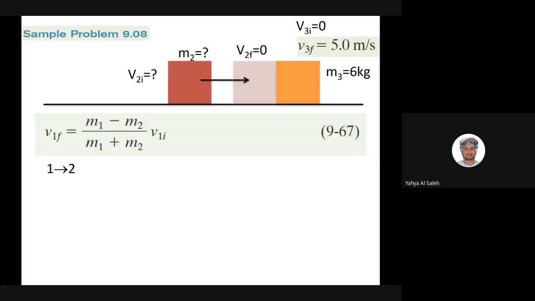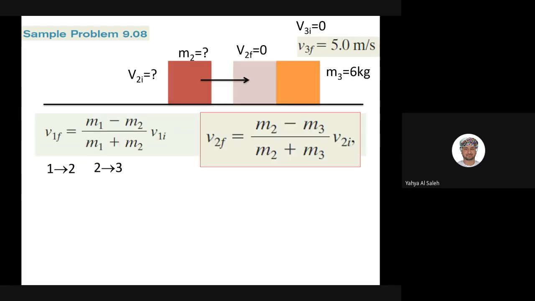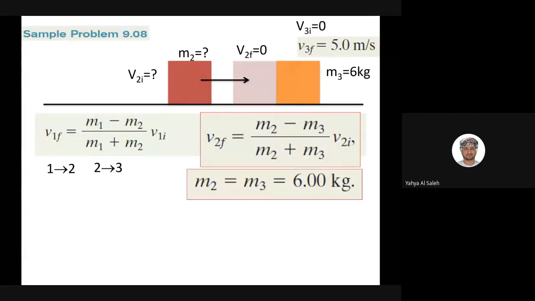Now, by conservation of momentum, I can relate the final velocity of 2 to the initial velocity of 2. That gives me M2 is equal to M3, 6 kilograms.